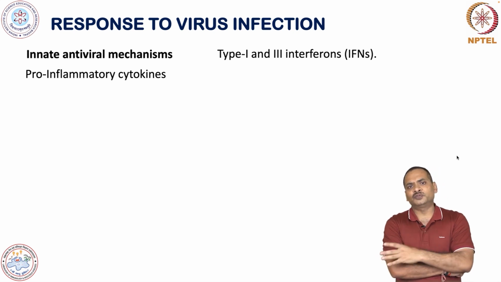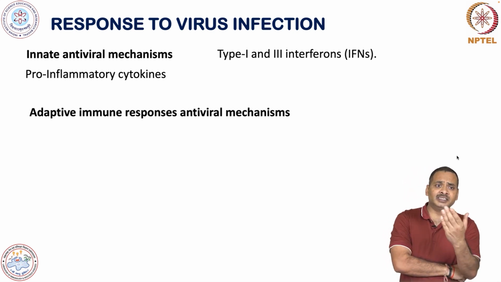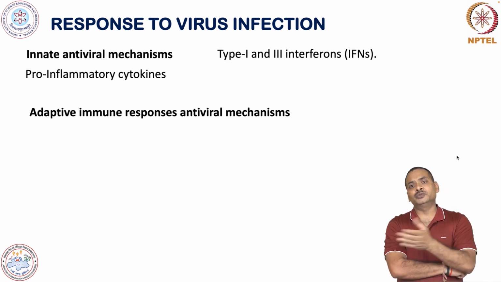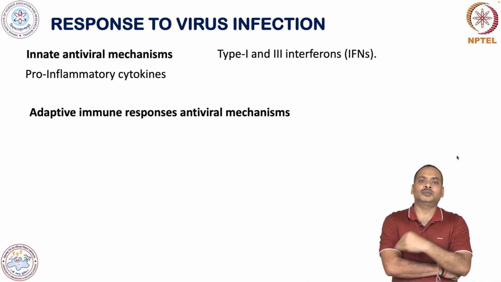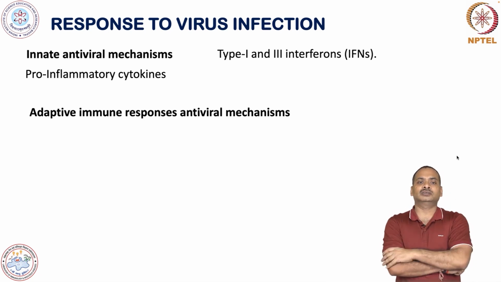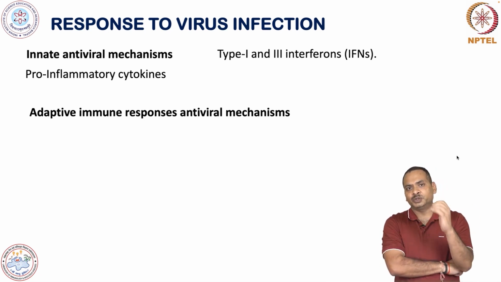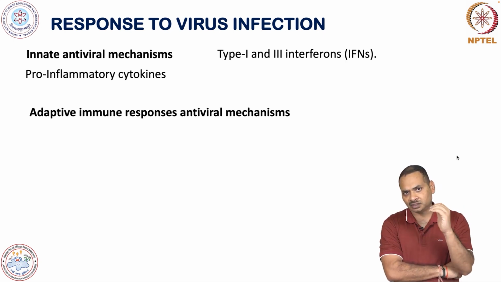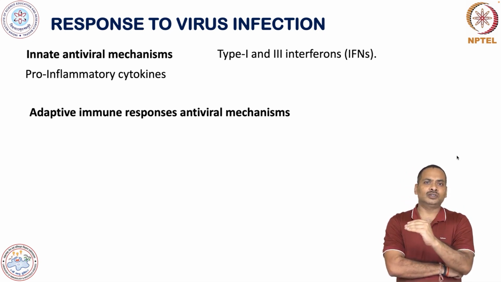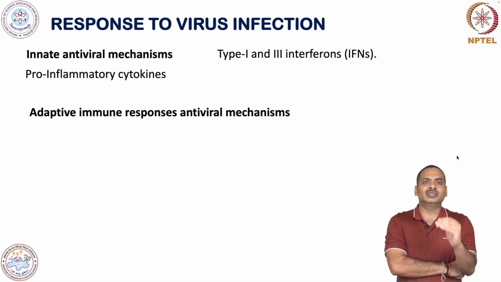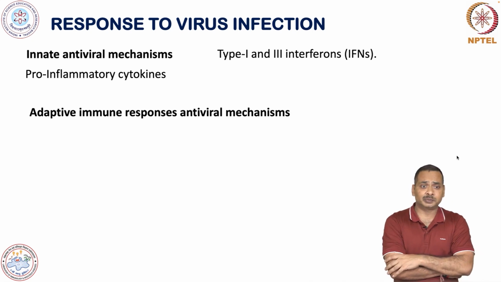Another is production of pro-inflammatory cytokines, and in addition there is one more innate immune response, that is cell death: apoptosis, pyroptosis. So these are the key innate immune responses against virus infection: production of type 1 and type 3 interferon, pro-inflammatory cytokines, and cell death. That is also a protective response, as I have explained earlier.